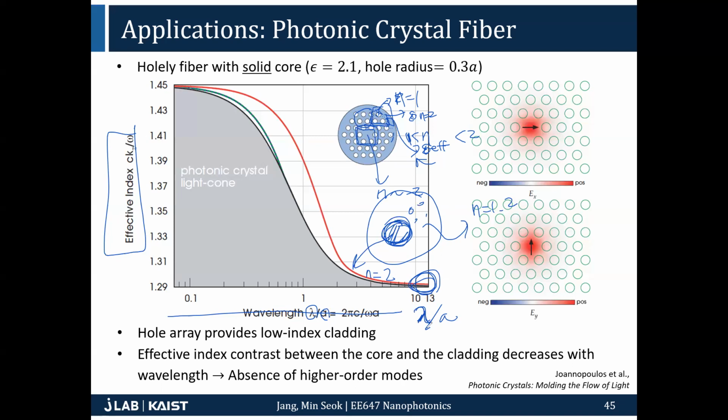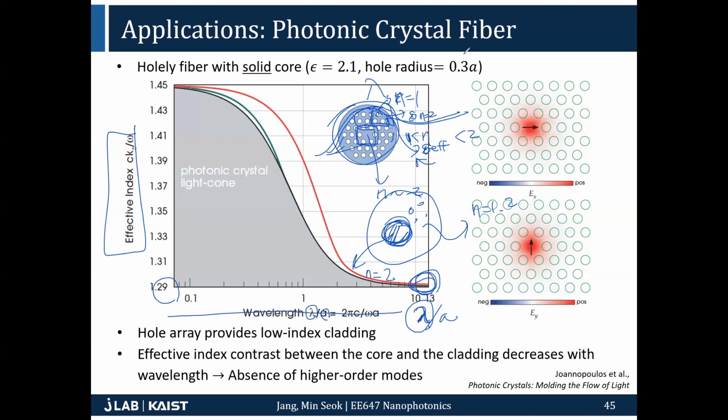Because if lambda is large, your mode is going to spread out throughout the entire fiber region. So it feels more of the holey regime, so the effective index becomes smaller.